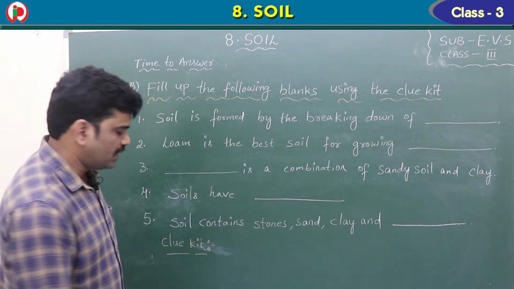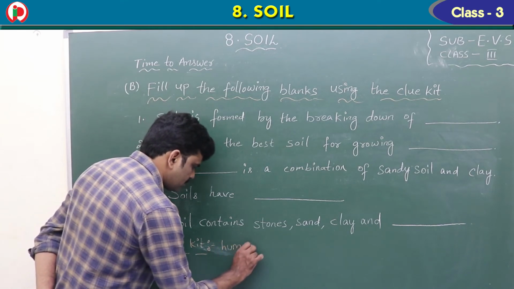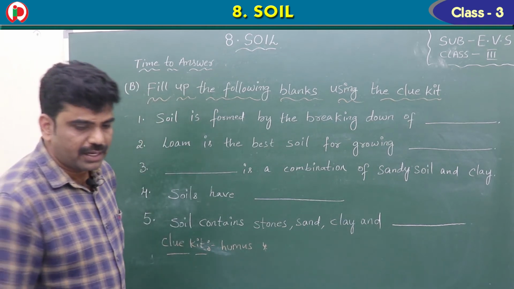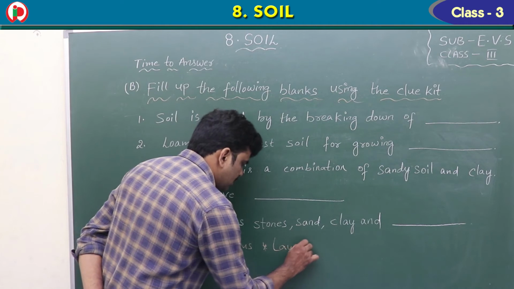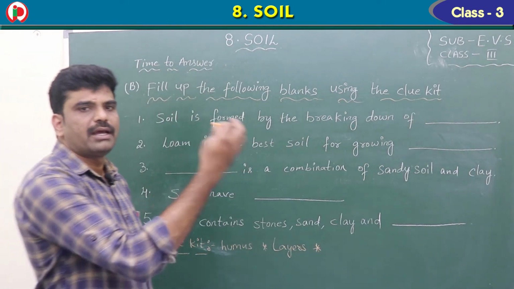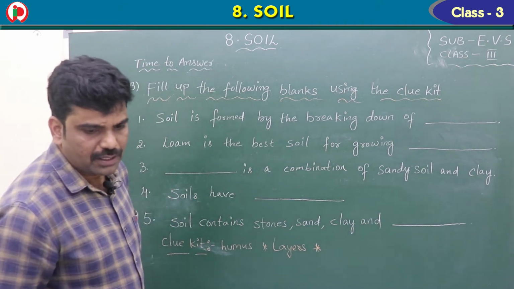First one is humus, children, and second one is layers. Using these clues you can fill up the following blanks which are above the clues. Third one is silt.